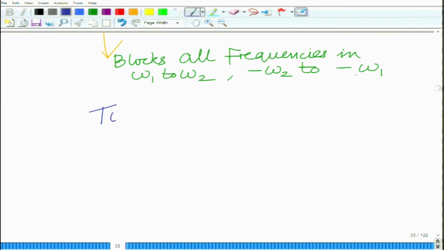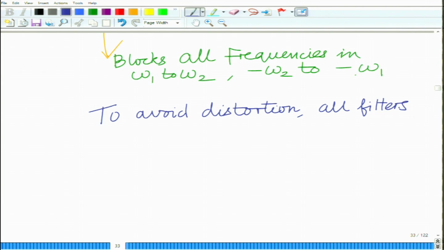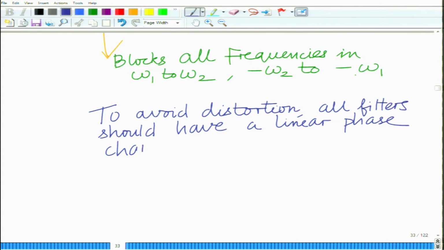So, to avoid distortions, all these ideal filters should have a linear phase characteristic.